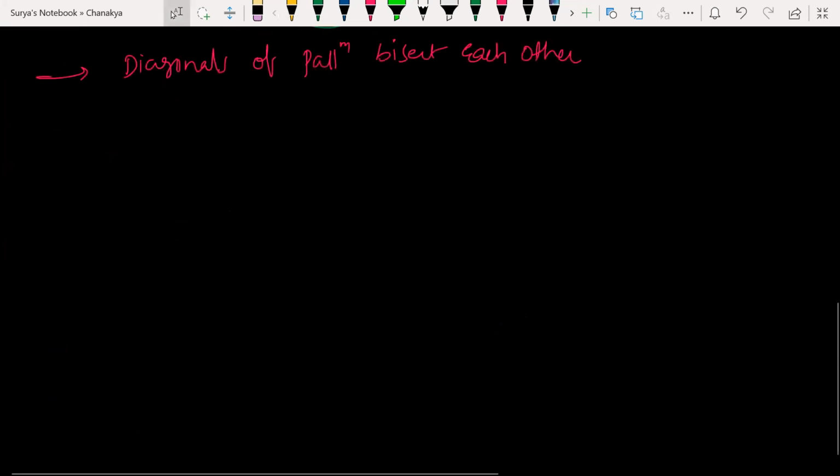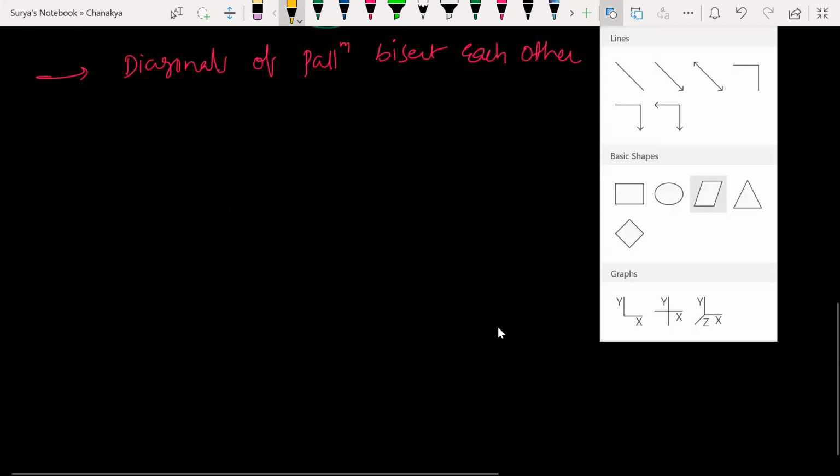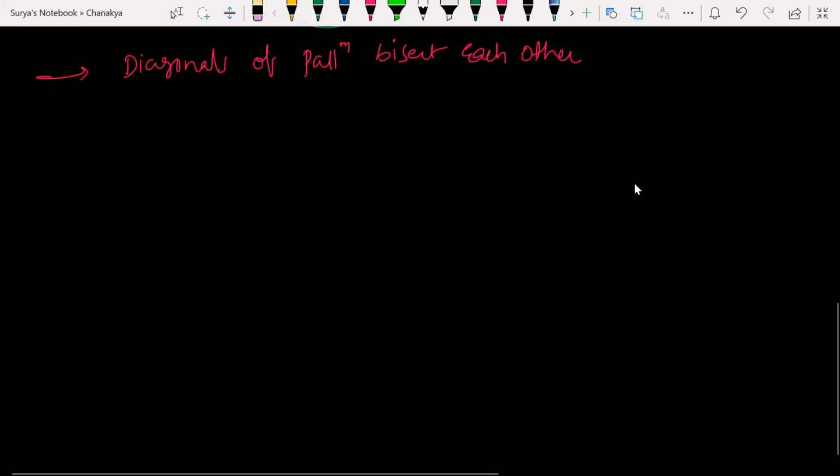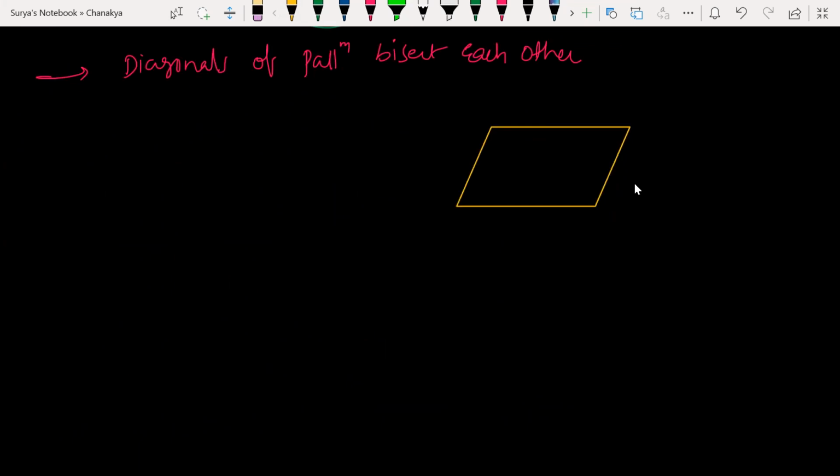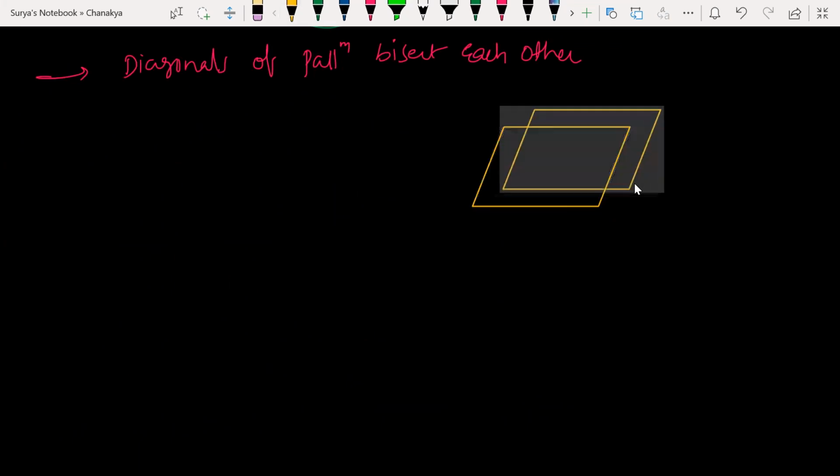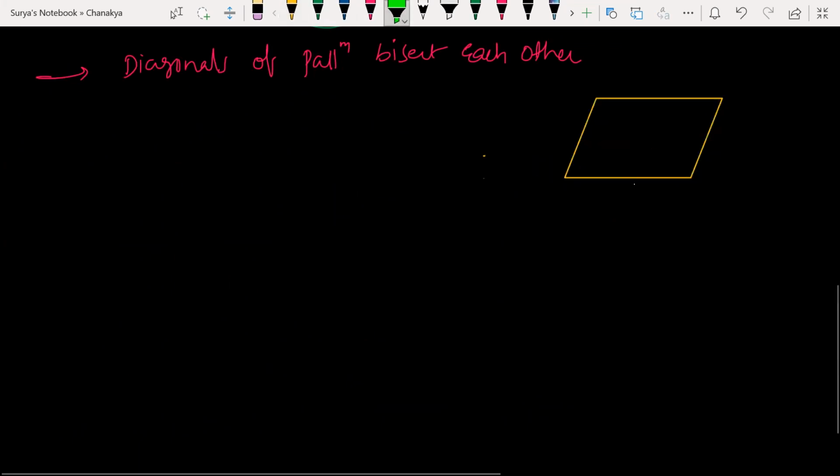Now look at this. Let me take here A, B, C, D. So what is it saying here? Diagonals of a parallelogram bisect each other. So yes, they are bisecting each other.